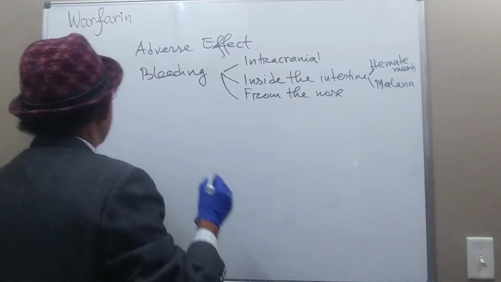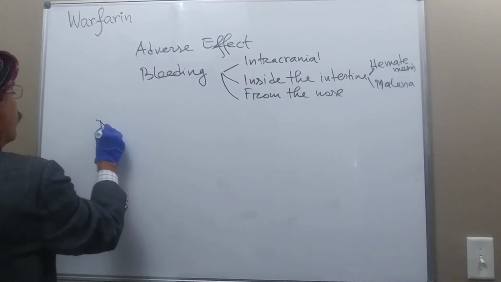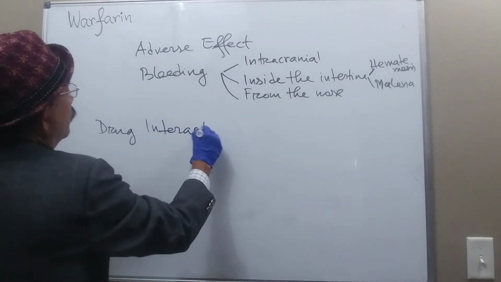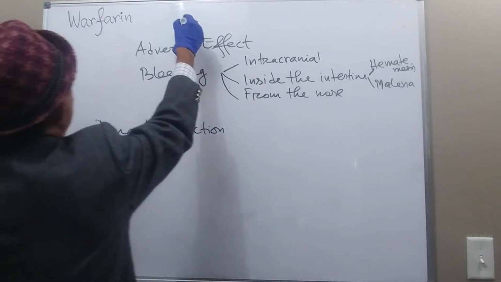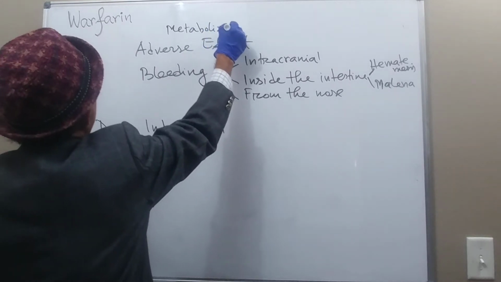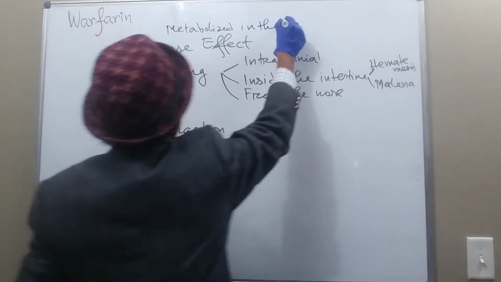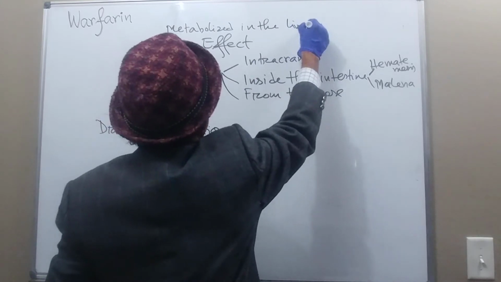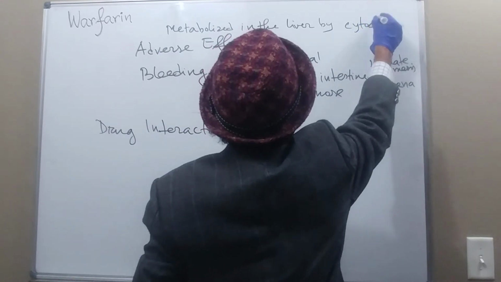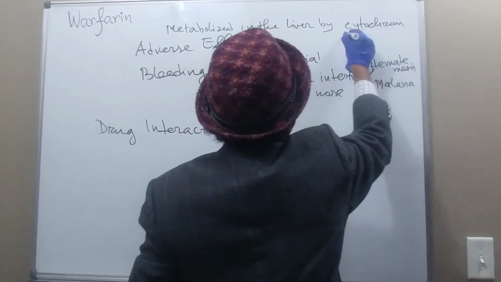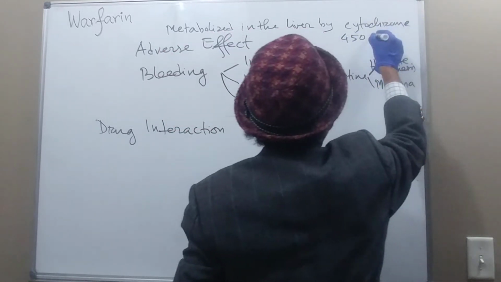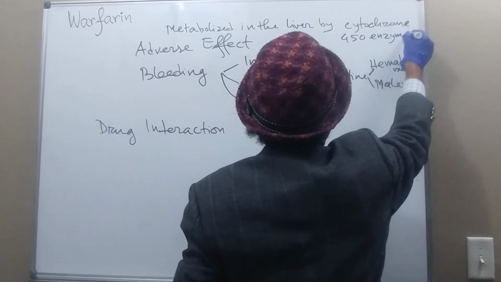Most important is the drug interaction. Okay, why is it so important? Because our warfarin is metabolized in the liver, in our pharmacokinetics, by the cytochrome P450 enzyme system of the liver.